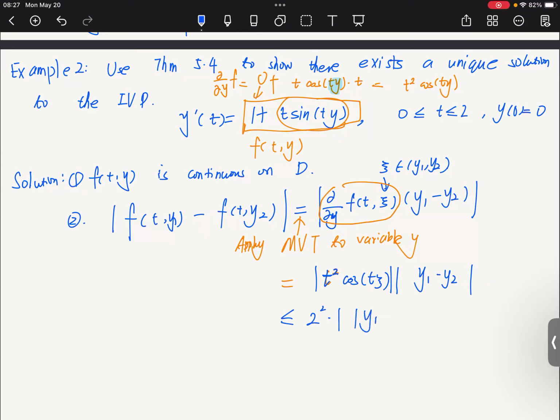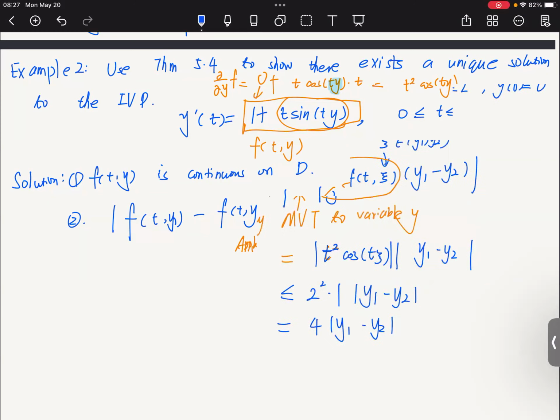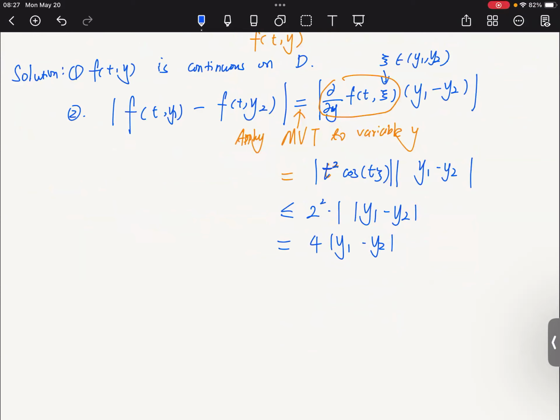And then times the y1, and then minus y2. So which is the 4, and then y1, and then minus y2. Which means that we already get to the Lipschitz condition for this function.